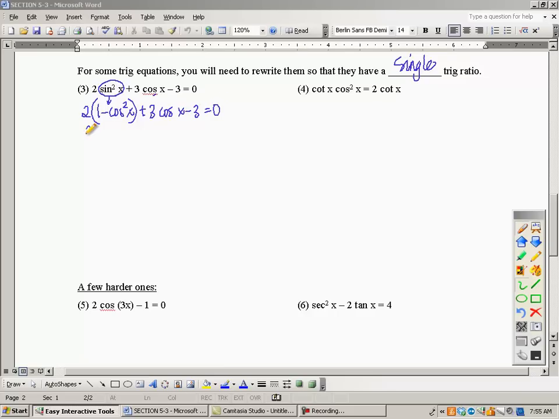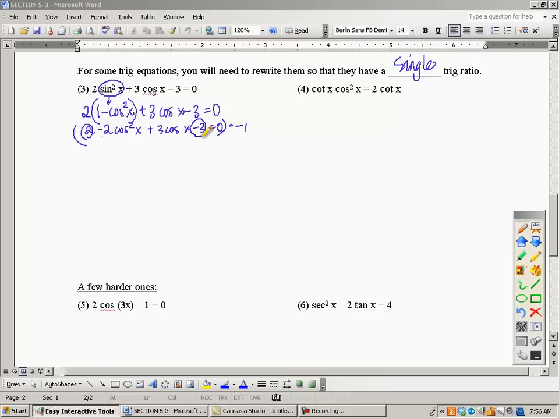So I have 2 minus 2 cosine squared plus 3 cosine minus 3. I'm going to combine like terms, but the biggest thing is I don't necessarily want a negative in front. And so what I'm going to do is multiply everything by -1 so that I get that negative out.